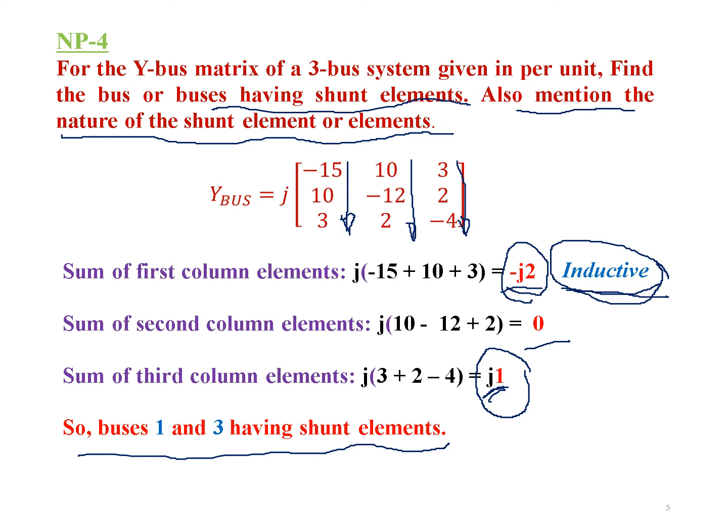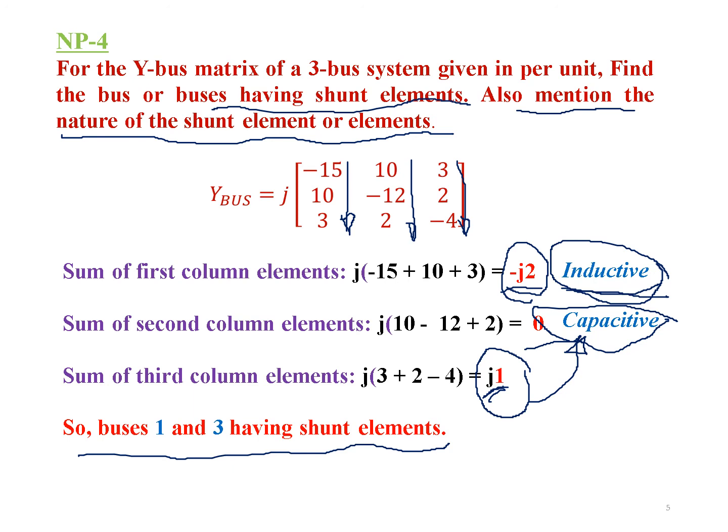Similarly, if it is a positive value, we can comment that the element is capacitive. Generally, capacitive reactance is represented by a negative value. If you take the reciprocal of that to find the admittance, that value is positive.